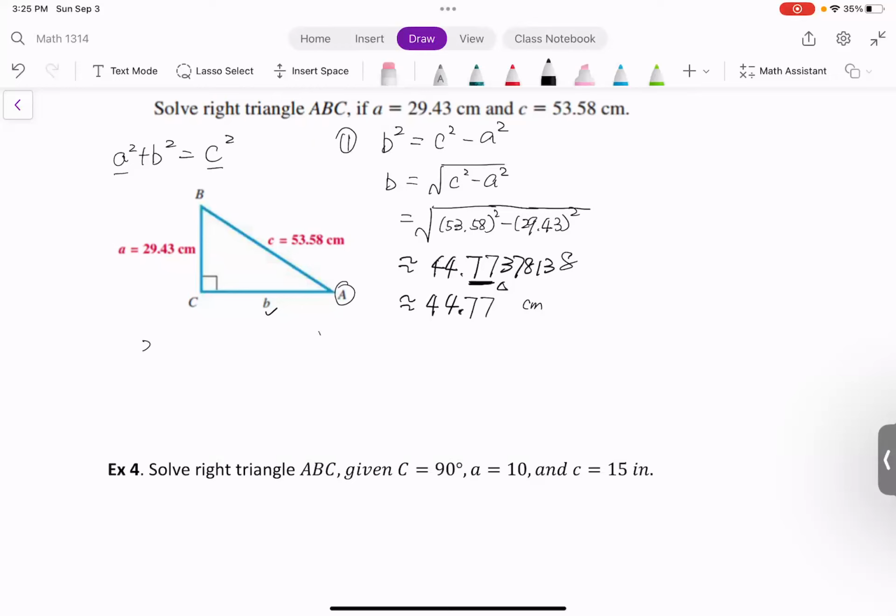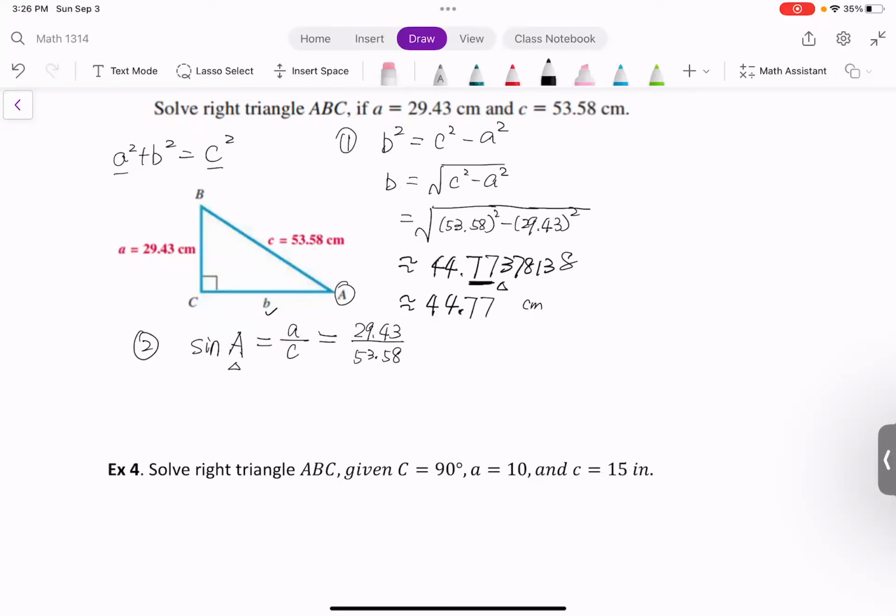So let's find the angle A. I can list the equation: sine A equals opposite A over hypotenuse, that is C, equals 29.43 over 53.58. Then can you find the angle A?